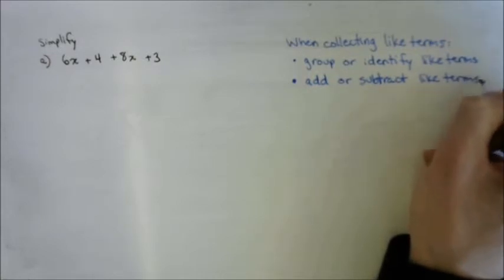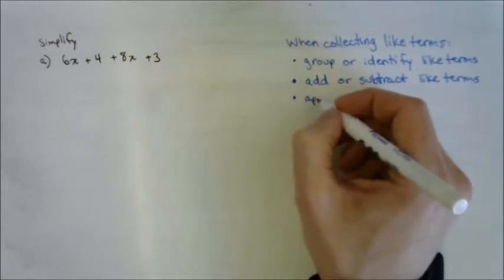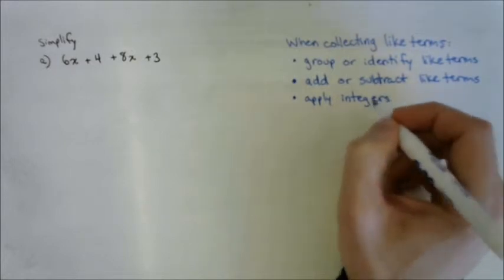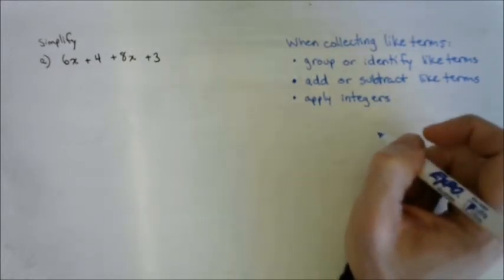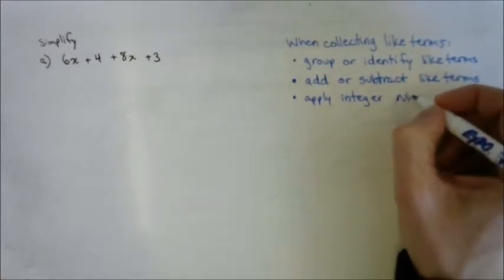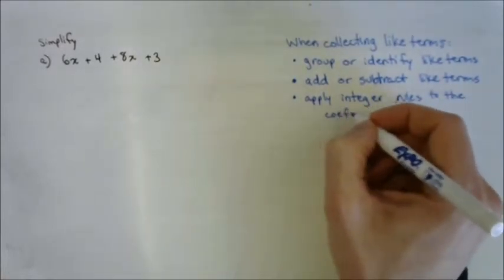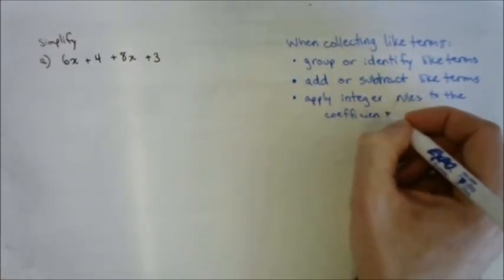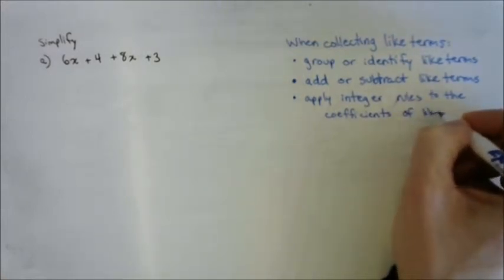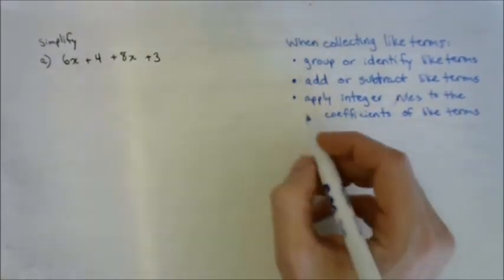We called it combining like terms. Then we're going to apply integer rules. So I guess this is while we're adding and subtracting like terms. In order to do that, we apply integer rules to the coefficients of like terms. I'll explain that a little bit better when we get to it. So apply integer rules to the coefficients of like terms.